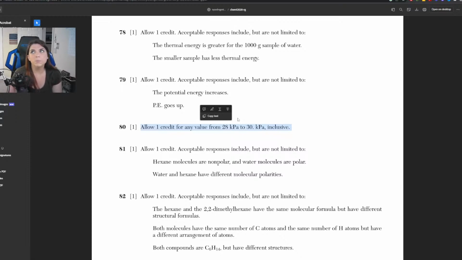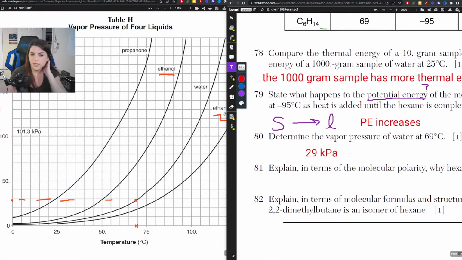So don't be paranoid about, oh my goodness, what if I'm off by 0.1? There's a range, and if you are within a reasonable space, which here they have decided is all of 28 and all of 29, up to 30, then that's a correct answer. So don't stress out about those. Okay?